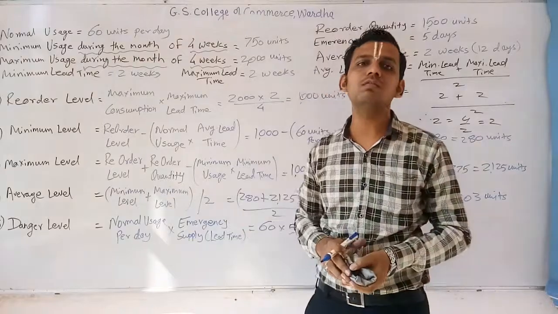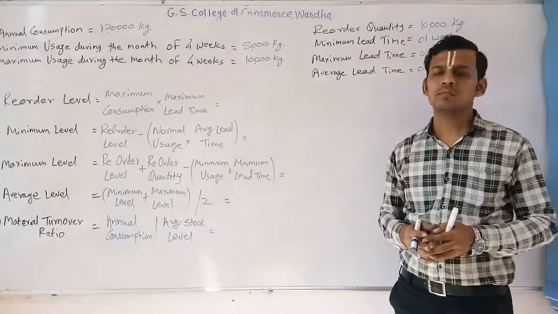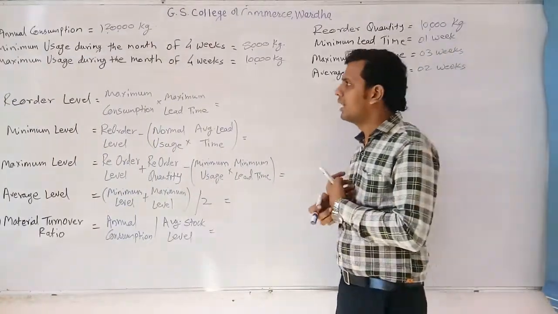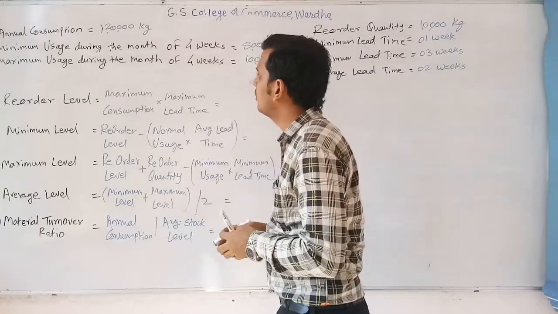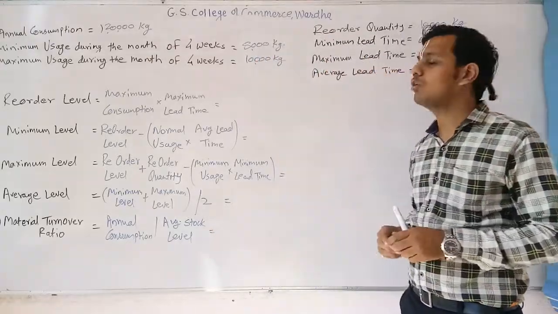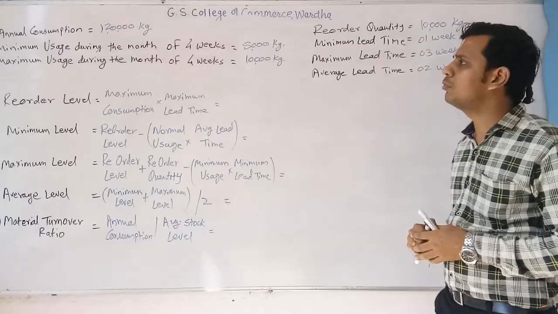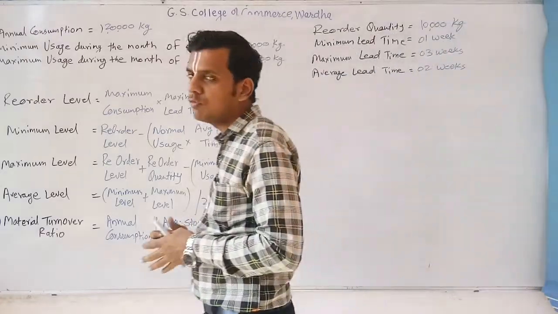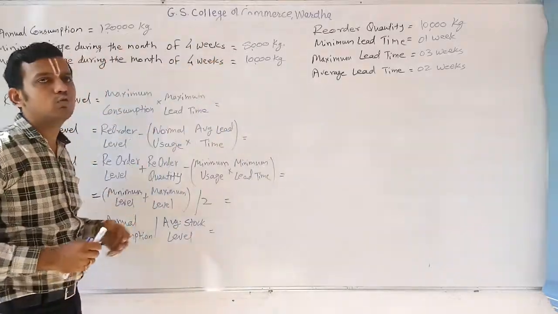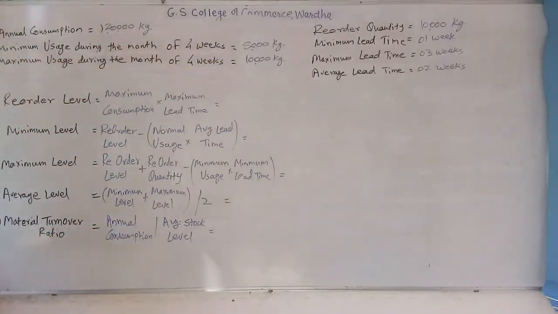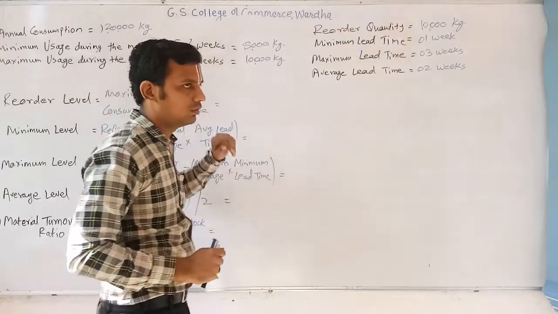Now we will start with the second question. The question says that a company has an annual consumption of 1,20,000 kgs of a particular material, while its minimum usage during the month of 4 weeks is 8,000 kgs, while maximum usage for the month of 4 weeks is 10,000 kg.